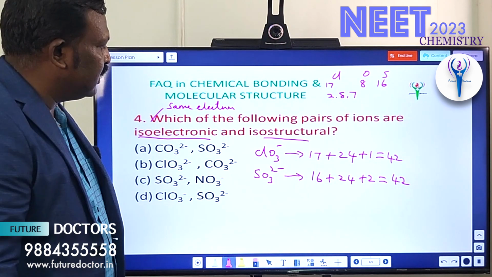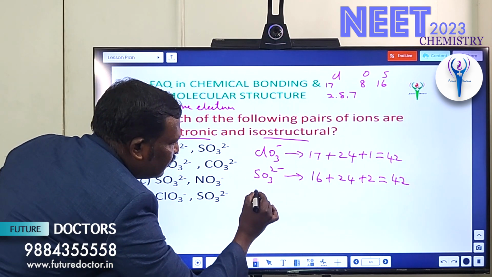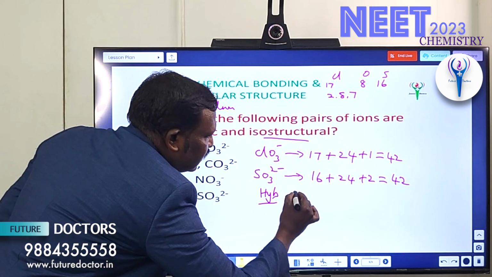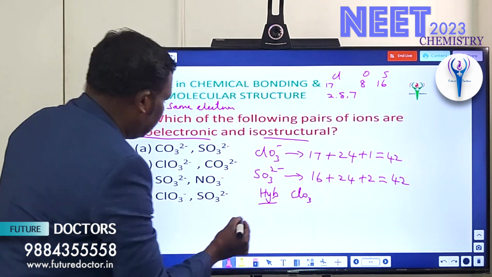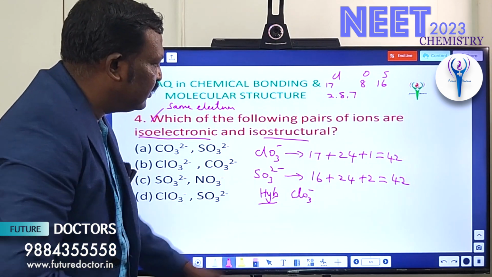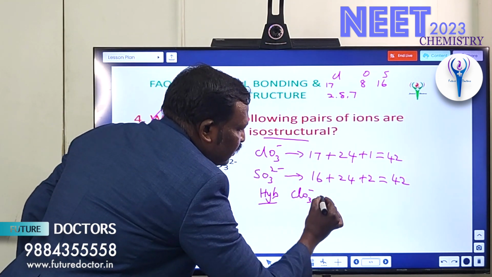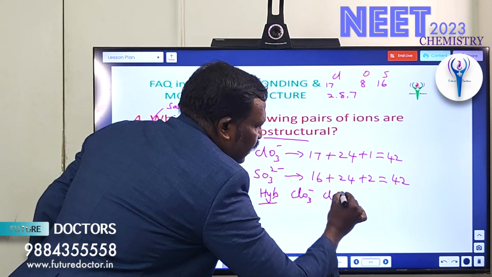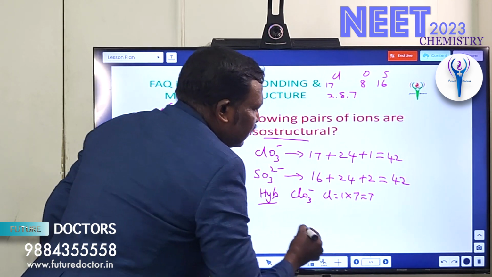How to find hybridization? Here for ClO3 minus, we are going to find out the hybridization. Take the valence electron. For Cl, 1 into valence electron 7, so 7.